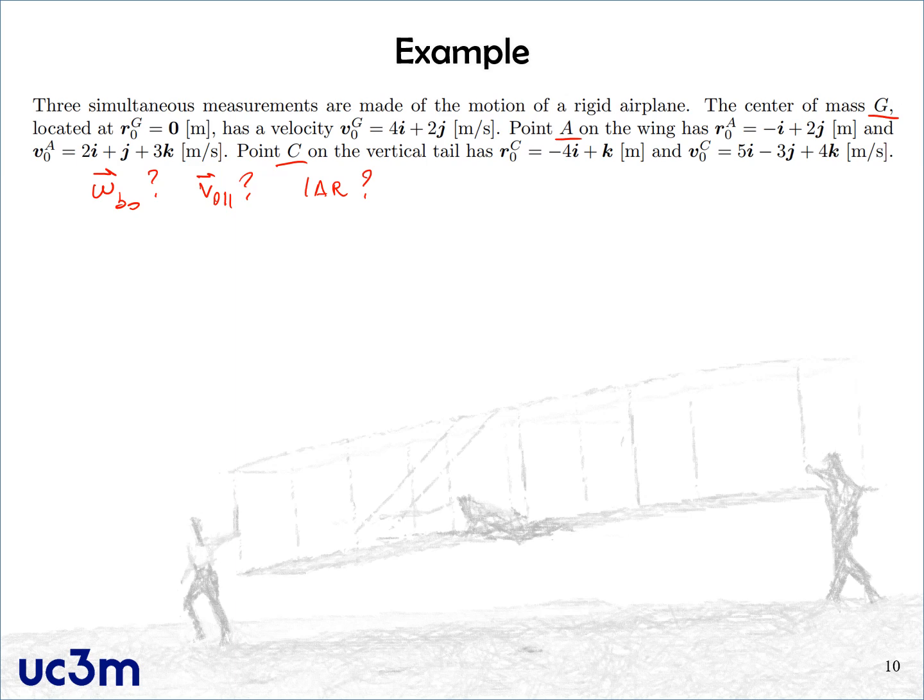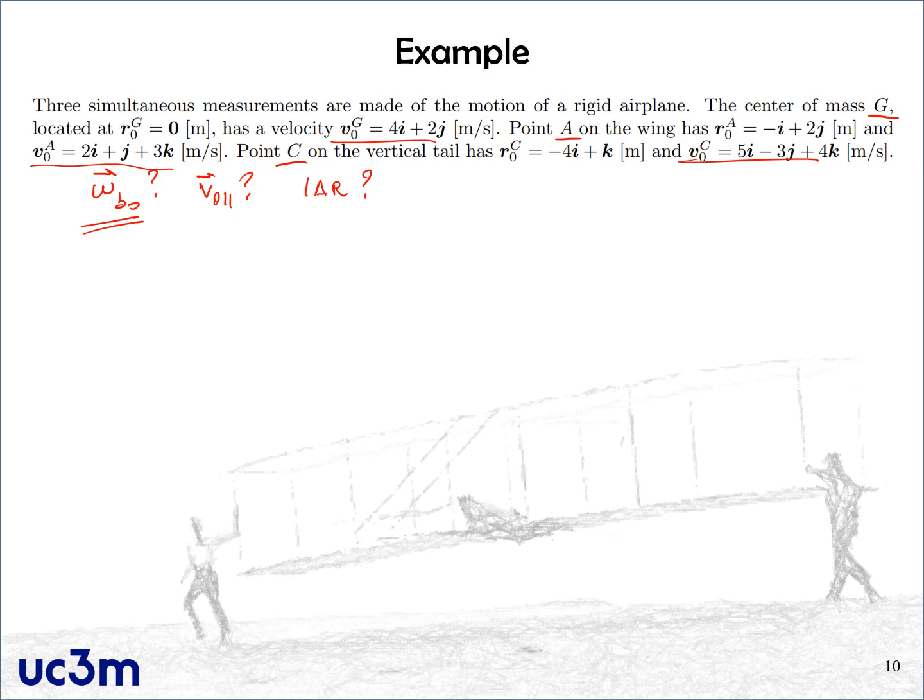So the most useful piece of information is to find omega, because once we have that, finding the parallel velocity means just taking one of these velocities, any of them, and projecting that along the direction of omega. And also finding the instantaneous axis of rotation requires having the angular velocity. So in order to find it, we are going to apply the expression of the velocity field of a rigid body to relate pairs of points.